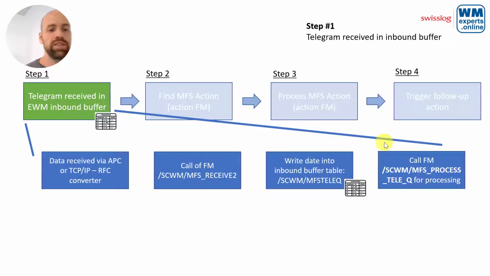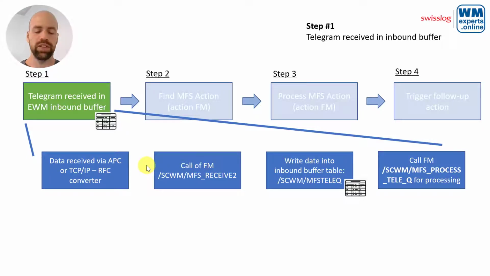Step number 1, as I said, the result is data in the buffer table, and it starts with this string of data received via ABAP push channel or TCP/IP converter like planned connectivity, and from there function module SEWM MFS receive 2 is being called, which is mainly responsible to write the data into the buffer table, but here you can also manipulate the data, for instance, via BAdIs and do some other stuff.